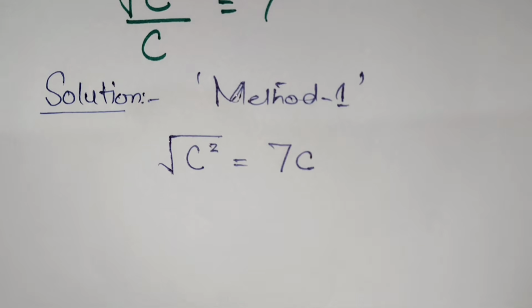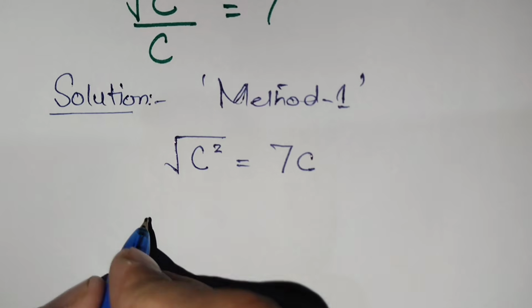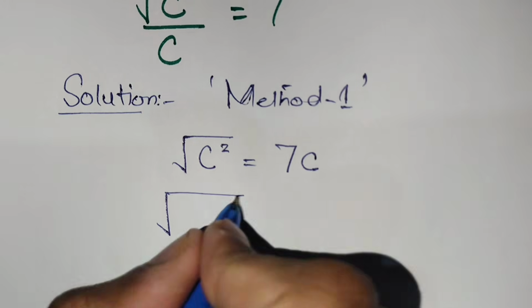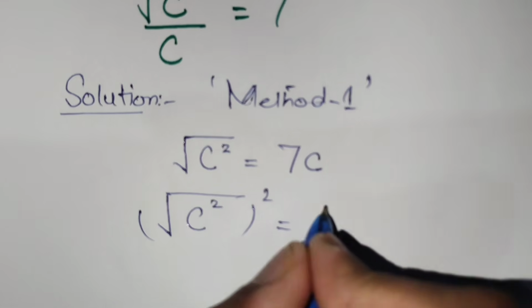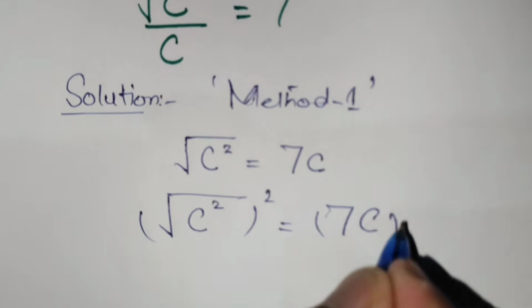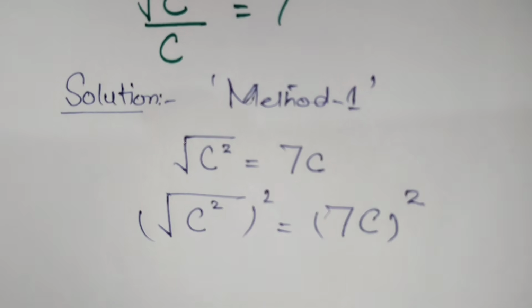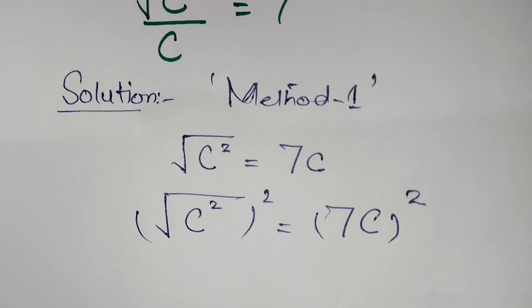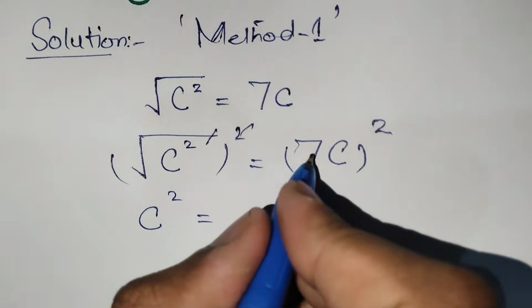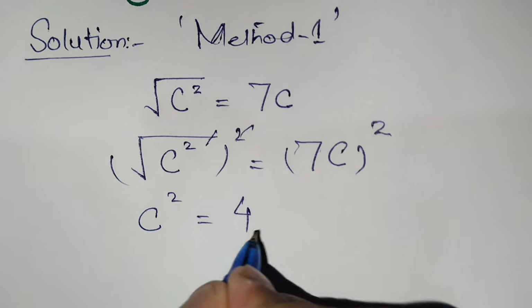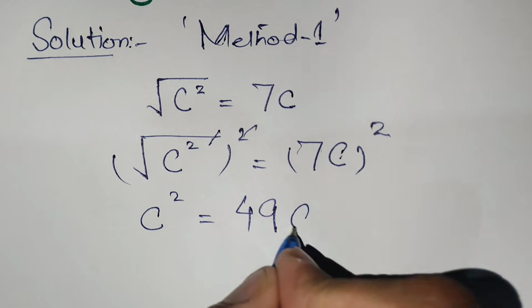Now take the square on both sides of the equation, equals 7c square. Square root cancels with square. We have c square is equal to 7 square, which is 49, and this is c square.